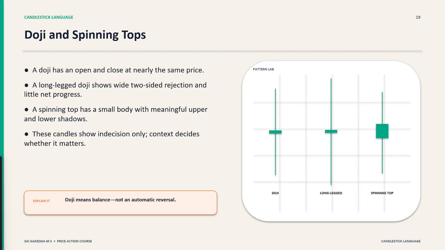Now the candle becomes more interesting because the strong buying or selling movement has temporarily stopped at an important location. Still, we don't immediately sell. We wait to see what the next candle does. If the next candle moves strongly downward and closes below the doji, that gives us more evidence that sellers are becoming active. So remember, a doji means balance. The location of the candle tells us whether the balance actually matters.